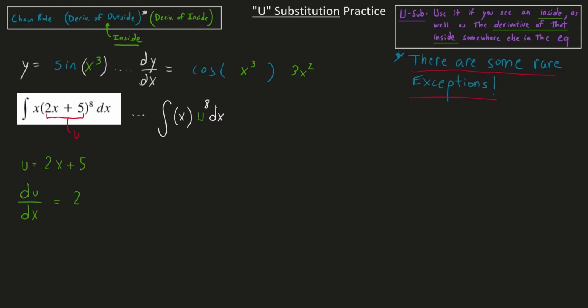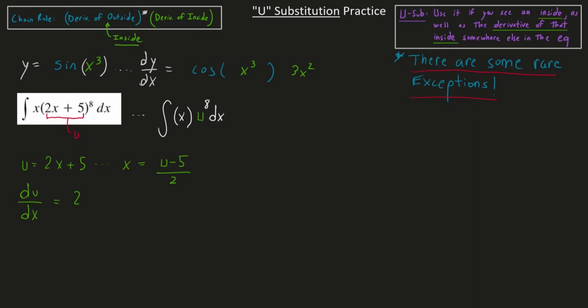I know I want to try to get all my x's out and u's in. I got to get this x out somehow. Well, this equation's not going to help me at all. It does not even have x in it. But this equation, my initial u choice, has x in it. Let me try to get x by itself. Alright?